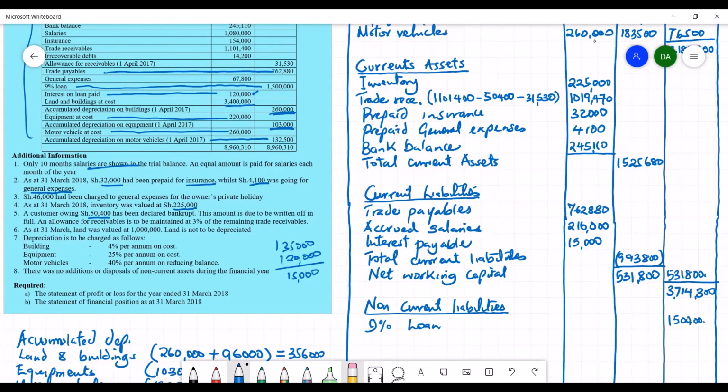If we subtract the 9% loan, which is 1.5 million, we are remaining with 2,214,300.